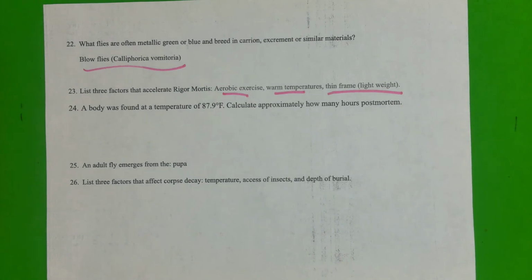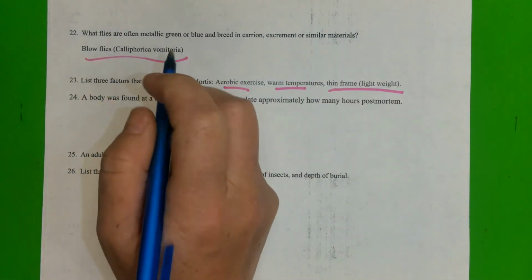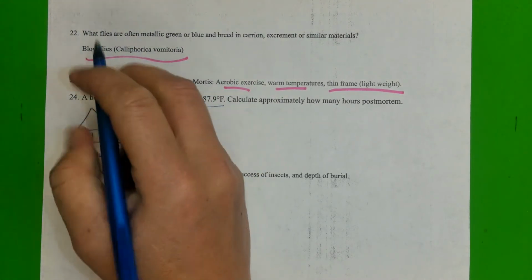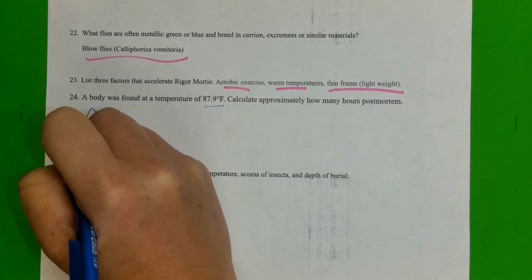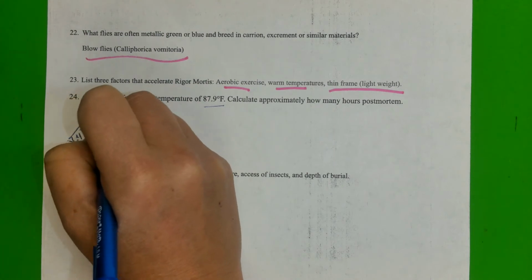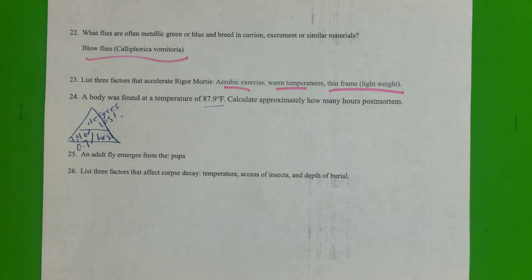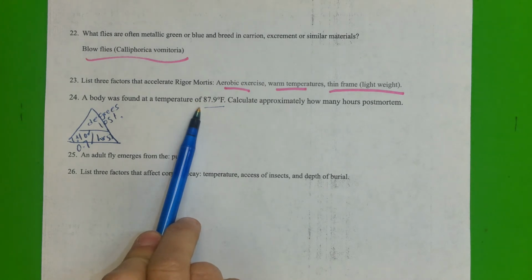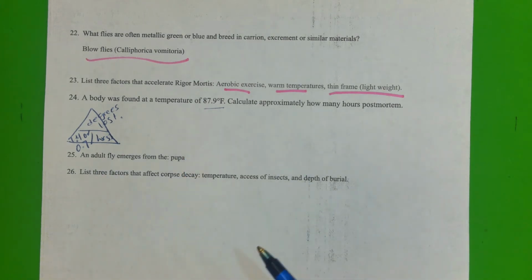Okay, so number 24. A body was found at a temperature of 87.9. So again, let's look at hours, 1.4 or 0.7, and degrees lost. On this one, they give you the temperature, but you need to calculate how many hours postmortem.